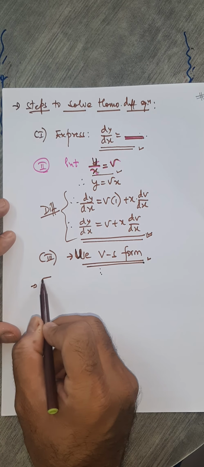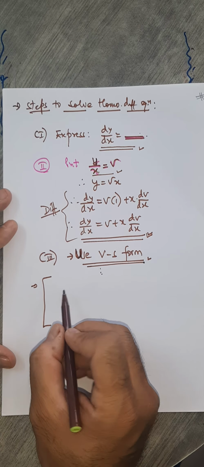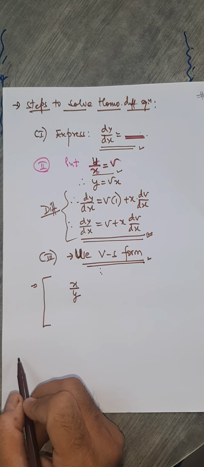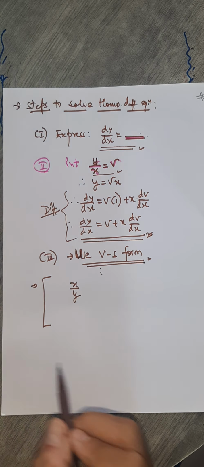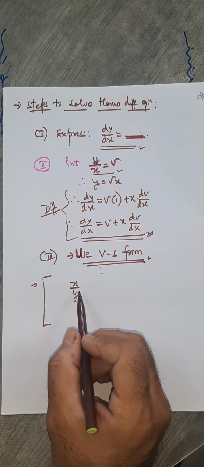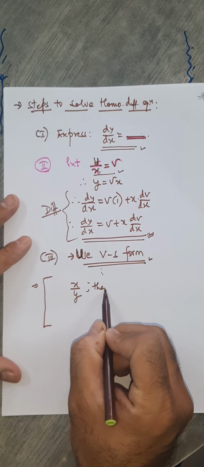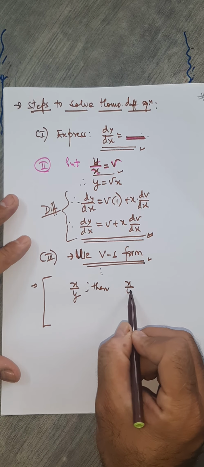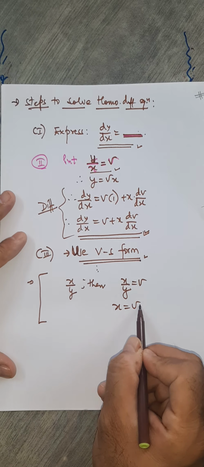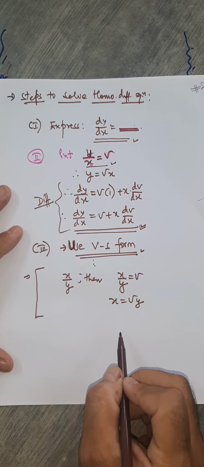Now sometimes the differential equation may involve x by y, remember. As I told you earlier, either the differential equation involves y by x or x by y. So if it involves x by y, you can put x by y equals to v substitution. So therefore x equals to vy. Now in this case we are going to differentiate with respect to y.